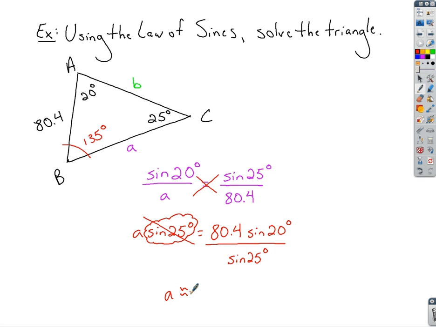But if we punch that into our calculator, the approximation we get if we round off to one decimal place, now let's see, I got 65.1. So if I mark that off on the triangle, this equals 65.1.